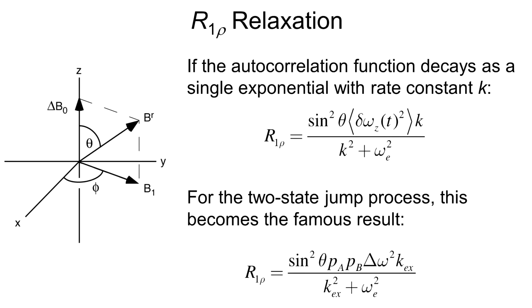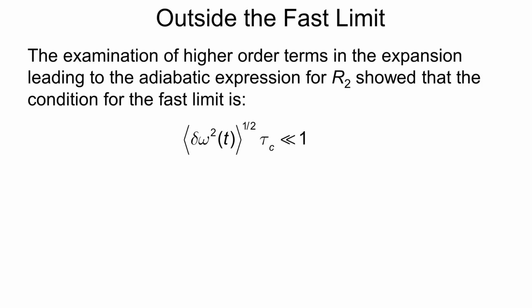Okay, so we're going to leave the Redfield equation behind for a while now and finally start to ask what happens outside of the fast limit. So just to remember, when we were looking at the random phase model, we included some of the higher order terms in the Taylor series expansion, and this led to the conclusion that the Redfield or fast limit approximation required that the standard deviation in the fluctuations times the correlation time be much smaller than 1.